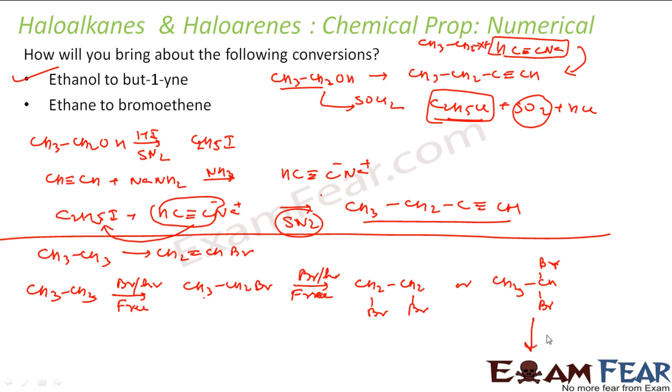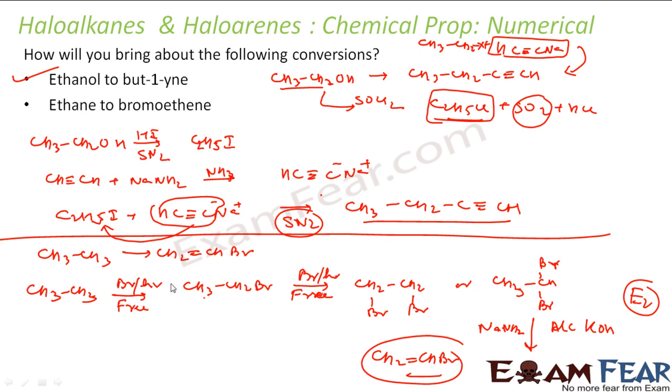I can react this with NaNH2, or I can react with alcoholic KOH. In both cases, we will have an E2 reaction and will remove one HBr. So what we'll get is CH2=CHBr. One Br and one H will be removed, and you'll get this compound. That's how you get it.